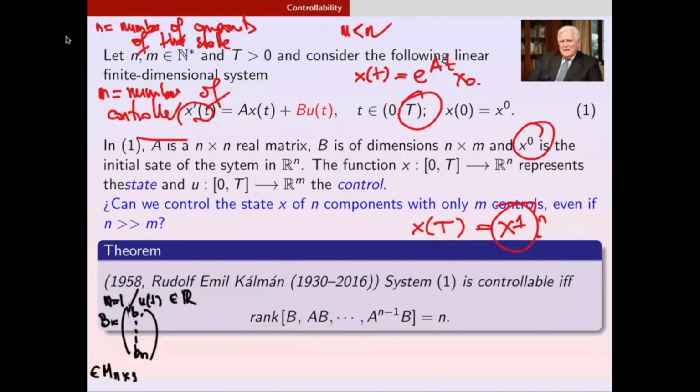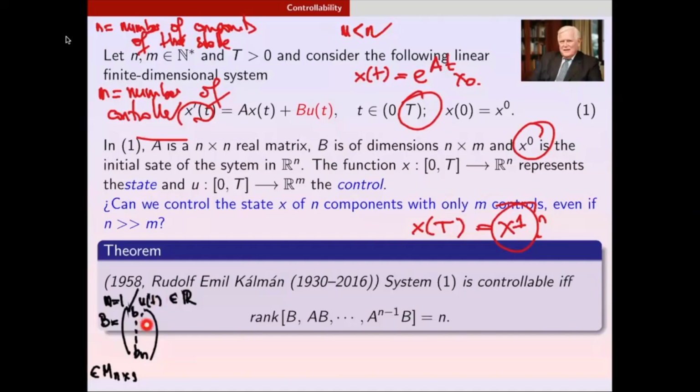This scalar action is distributed into the N components of the system through the vector B, so that every component of the system will be affected by U differently.